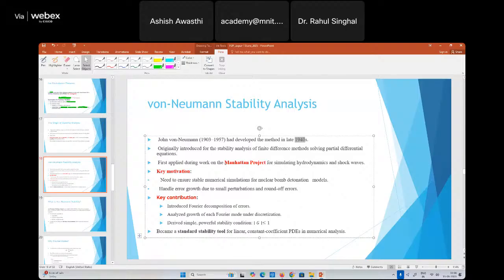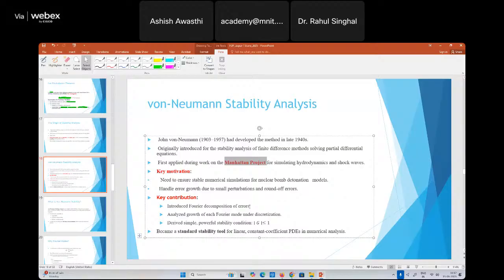And the interesting thing is that if you Google this name, Manhattan Project, a very popular project, in that project he developed this stability analysis for simulating the hydrodynamics of nuclear explosion. This analysis did not come just from a mathematician's point of view; it came to study the hydrodynamics of nuclear explosion.